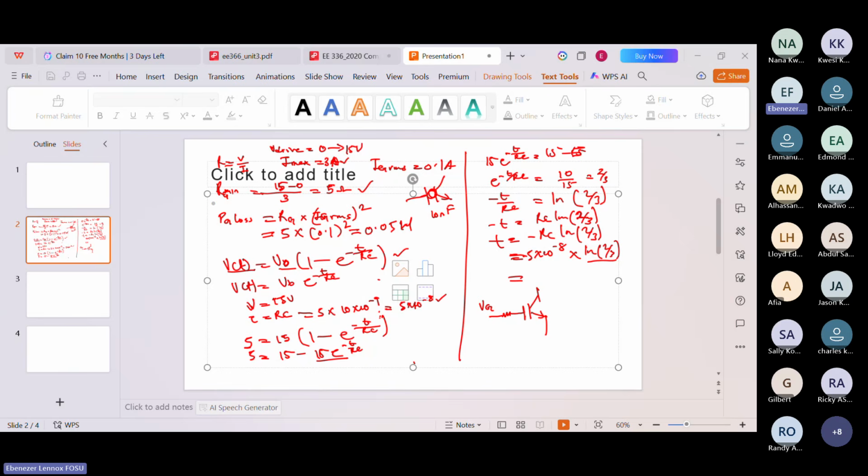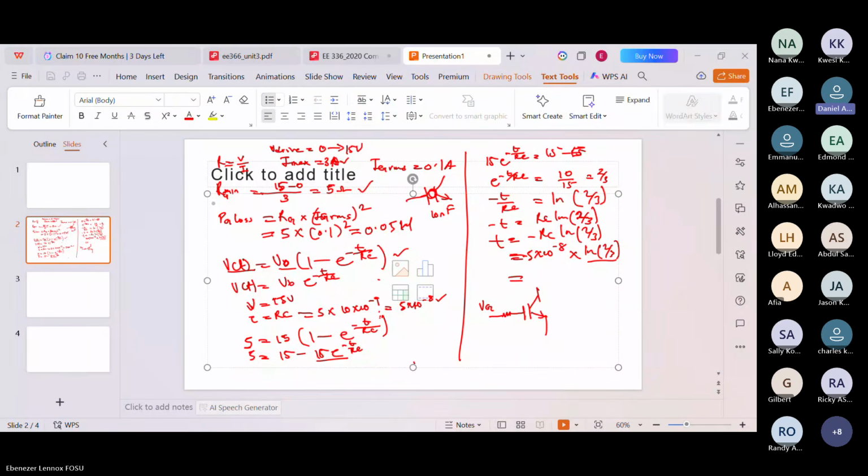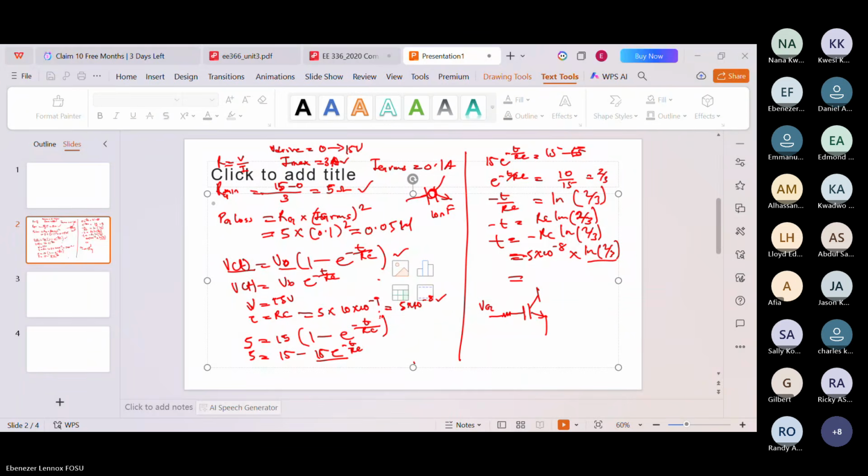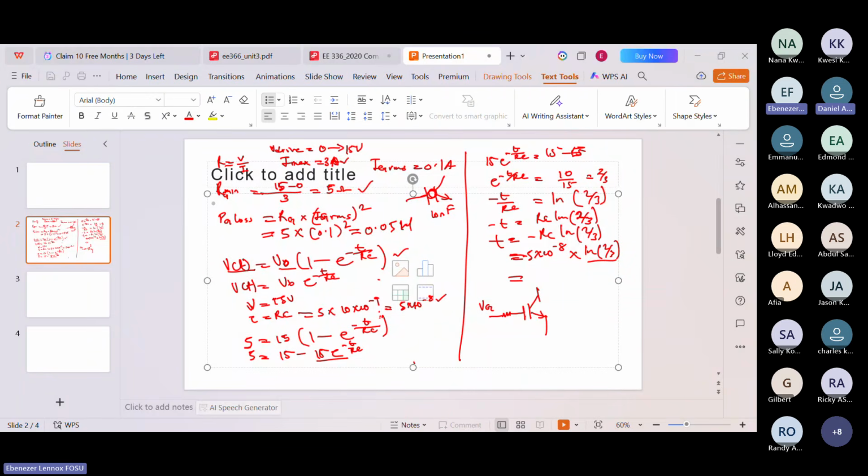You are not seeing anything. We are not seeing it. Which page are you on?